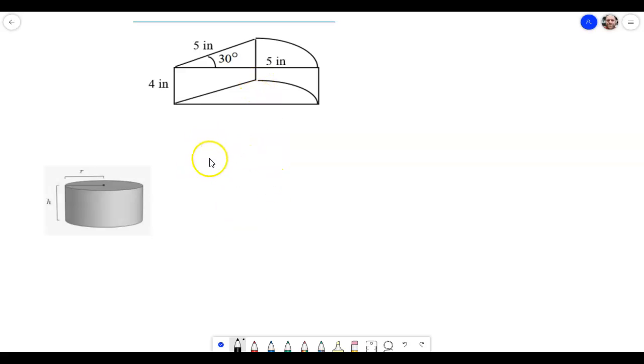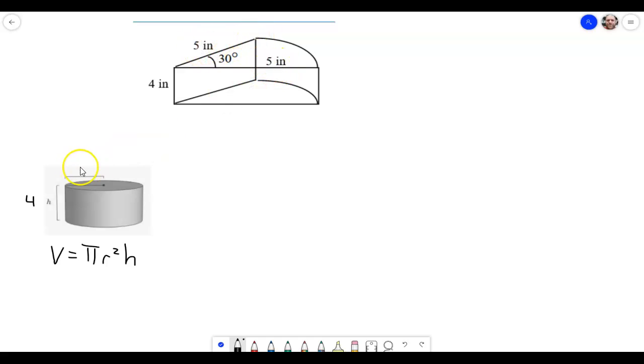And we know that the volume of a cylinder, so I'm going to do that one down here, is equal to the base, which is pi r squared, times our height. If we expand this along the entire cylinder, the height is the 4 inches there, and the radius would be the distance from the center out to the edge of the circle, which in this case is 5.